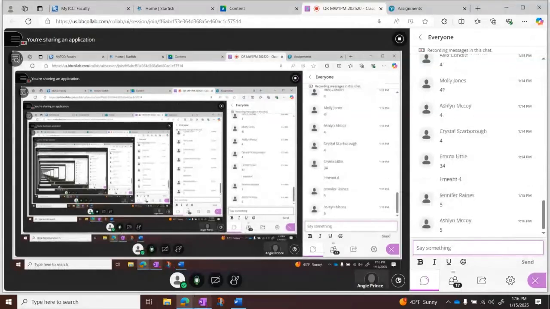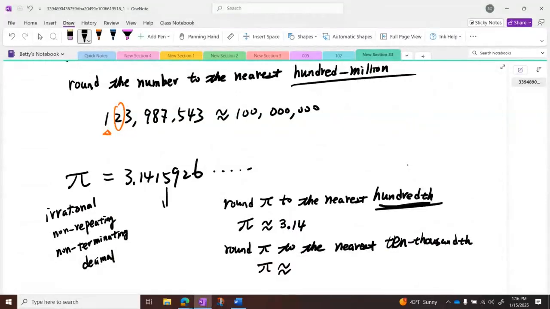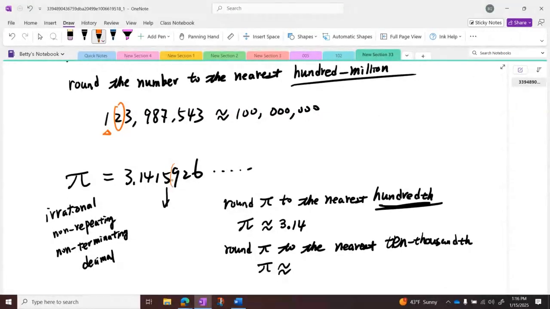Yes, exactly. Perfect. This is the 10,000th place value. Okay, very good. Since the digit behind it is 9, bigger than or equal to 5, we're going to round it up to 3.1416, right?